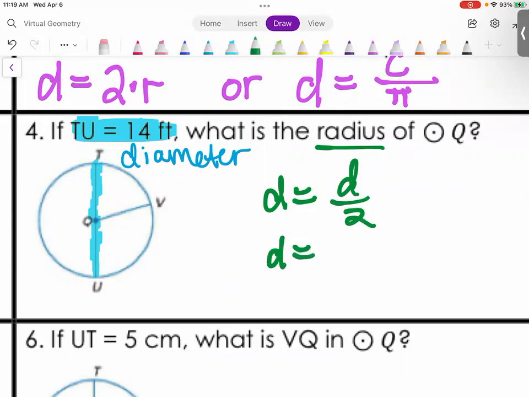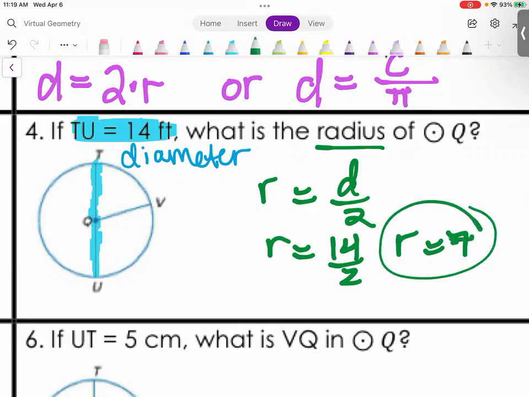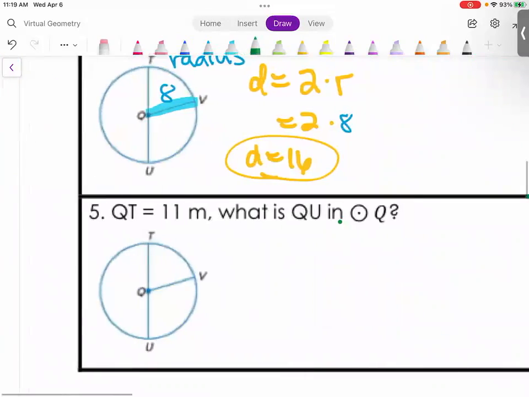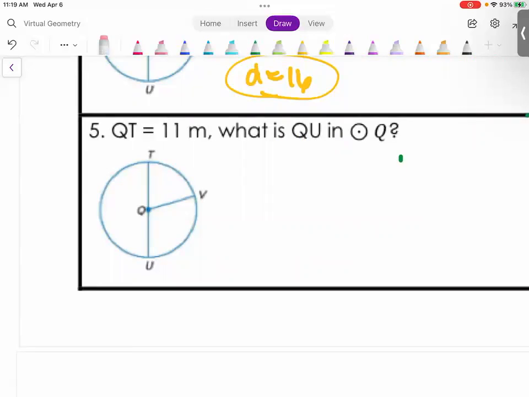My diameter is 14, and if I divide that by 2, my radius should be 7. Now let's see what else we have. Let's try a few more.